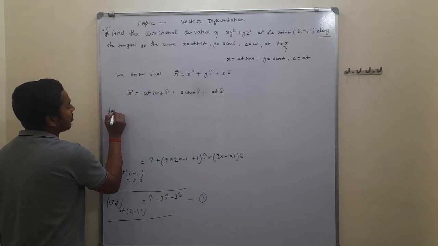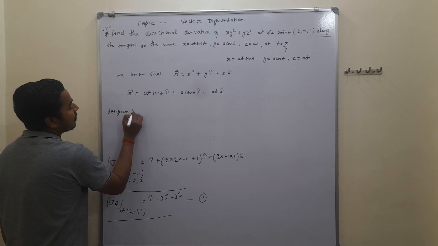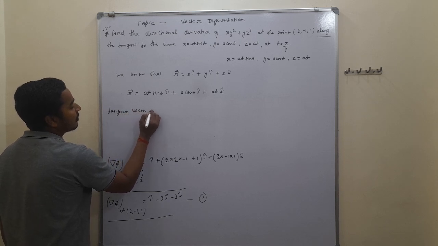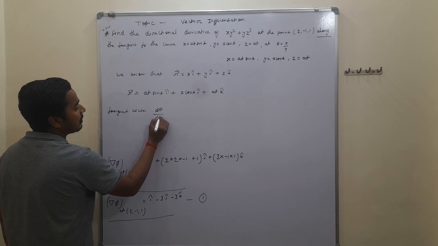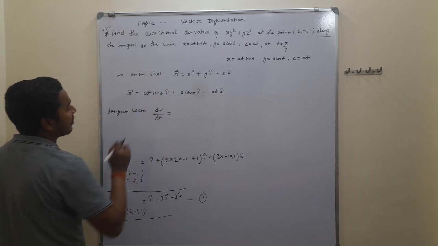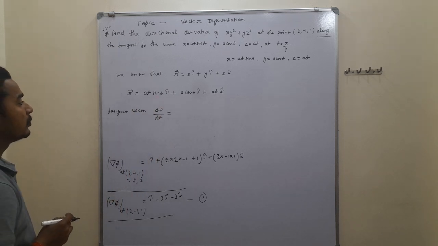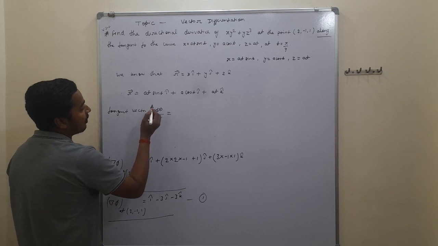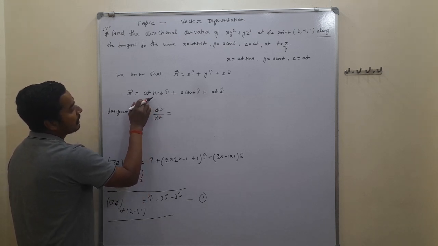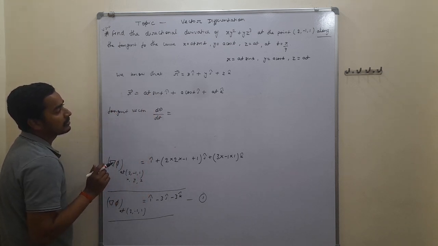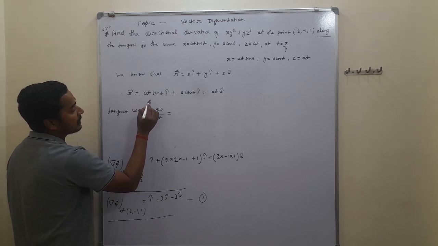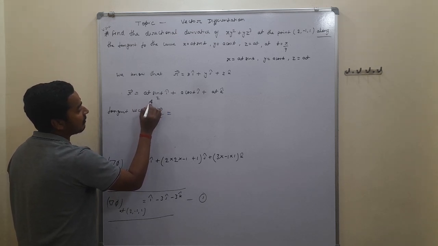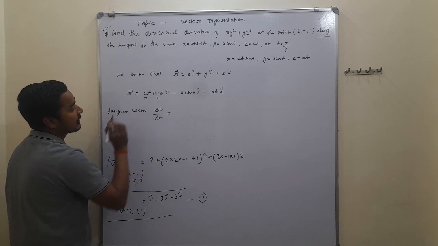The tangent vector is given by dr upon dt. Differentiating the given r vector with respect to t, we have to use here a t into sin t. This is a product of two functions, so we use the product formula of differentiation, taking sin t as the first function and a t as the second function.